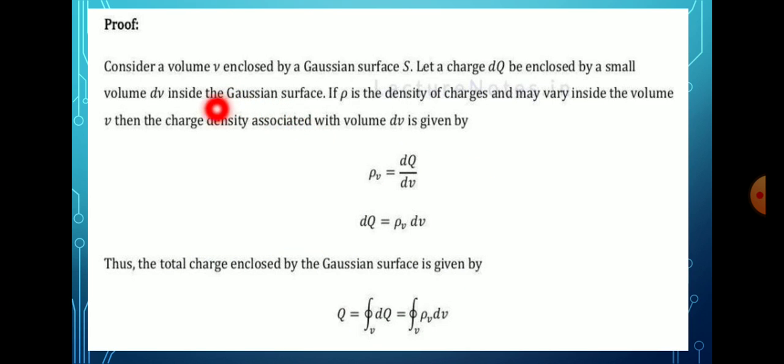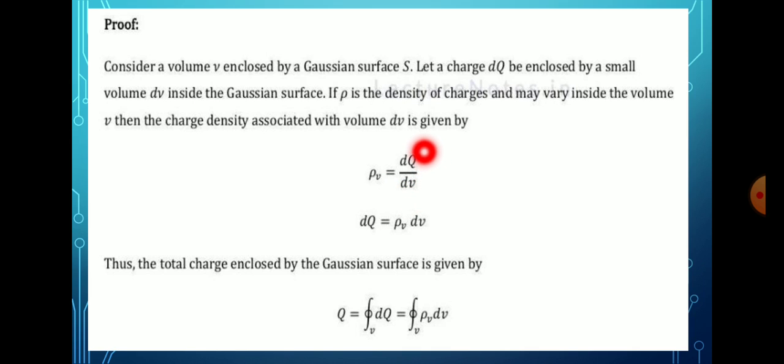If rho is the charge density, it may vary inside the volume V. If the charge density varies continuously in that volume, we can write rho of V is equal to dQ divided by dV.